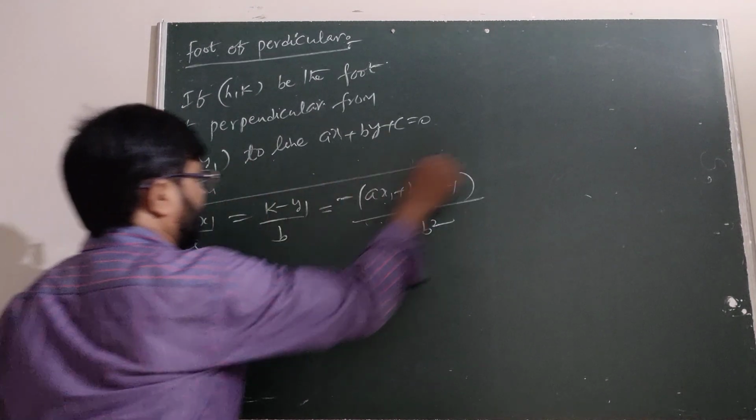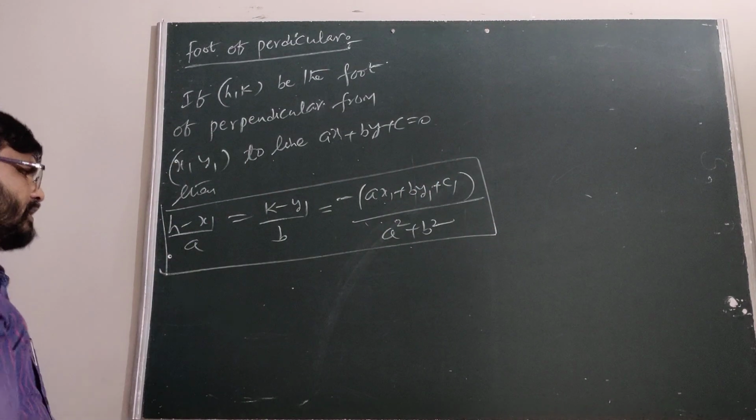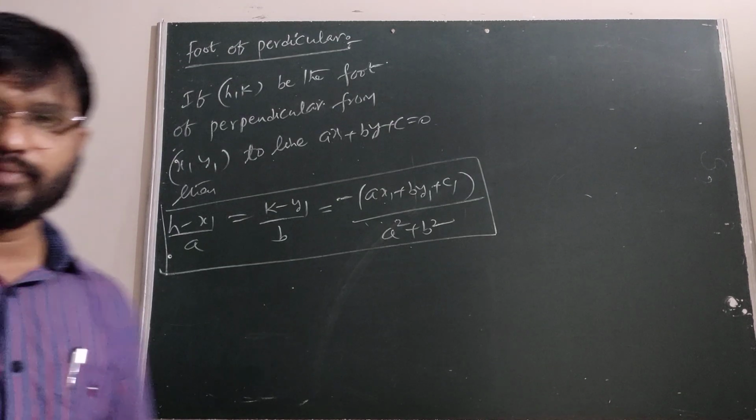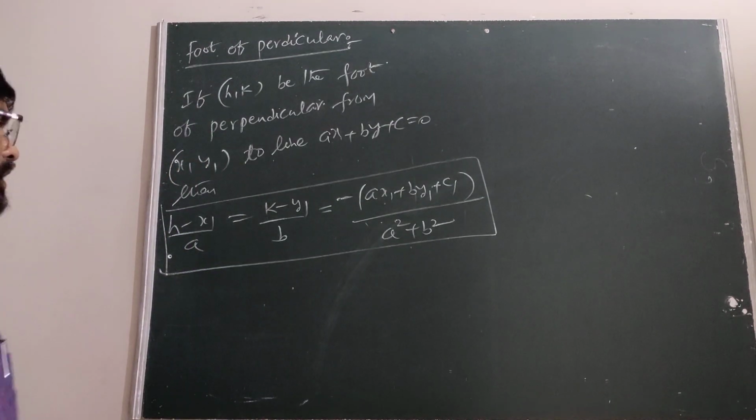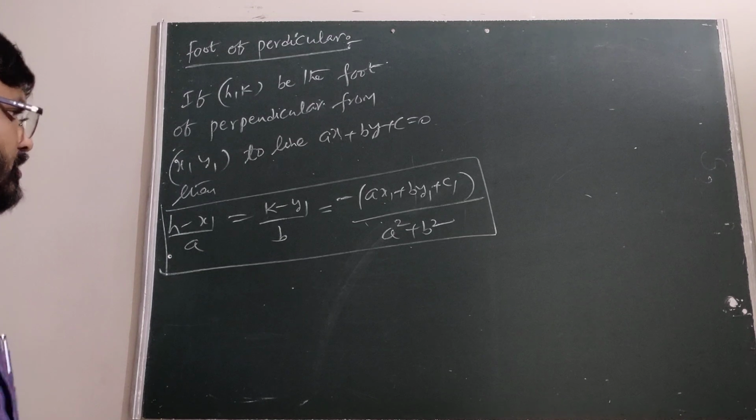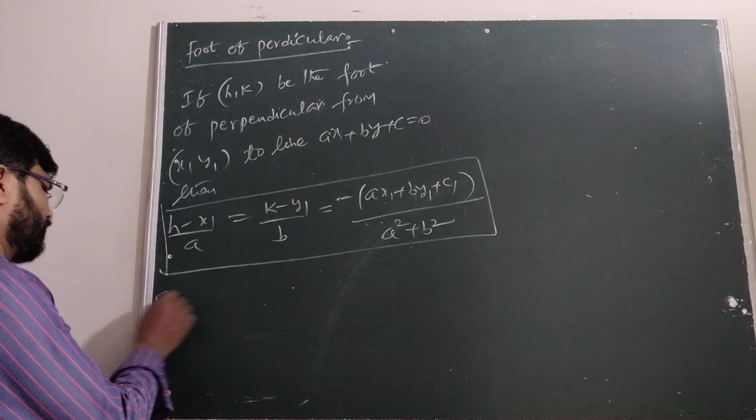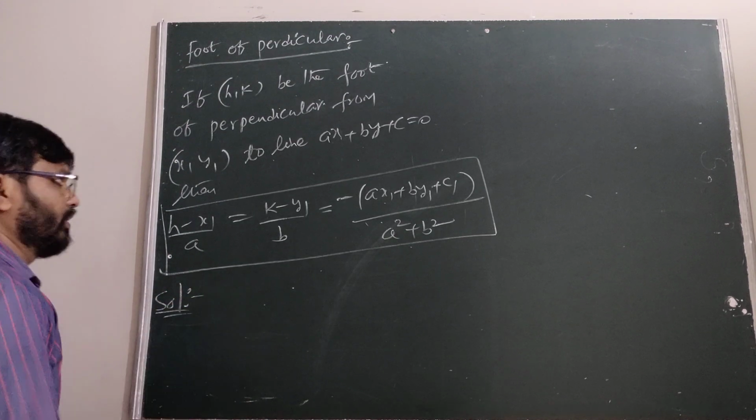This is the very important theorem. (h minus x1) by a equals (k minus y1) by b equal to minus of (ax1 plus by1 plus c) by root of (a square plus b square).